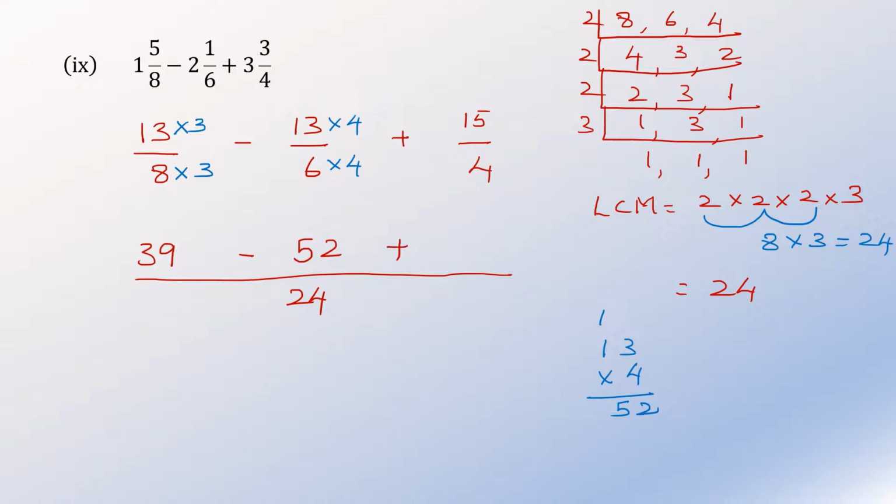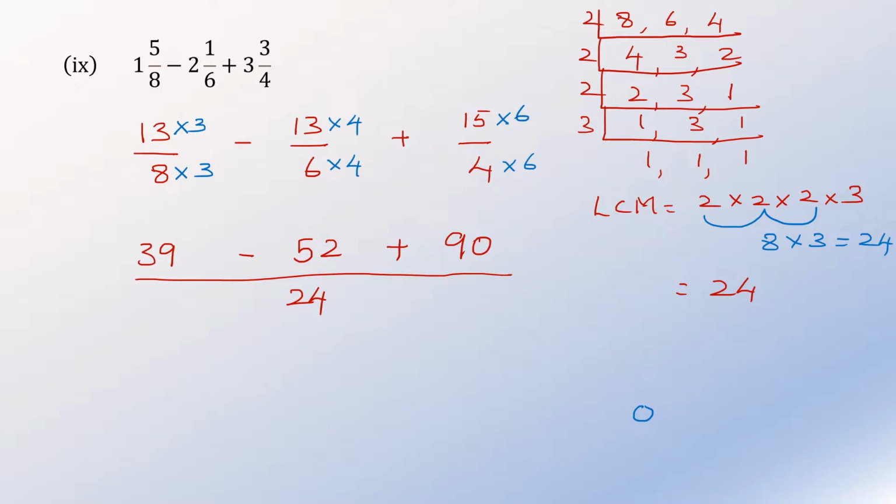Plus 4 6s are 24. So 15 into 6. Let's multiply 15 into 6 and see. 6 5s are 30, carry 3. 6 1s are 6, 7, 8, 9. So we've got 90.